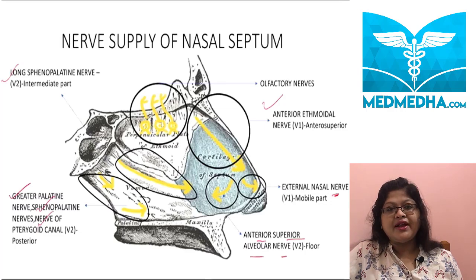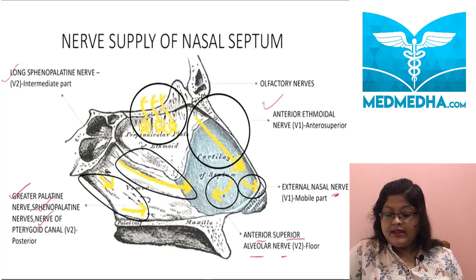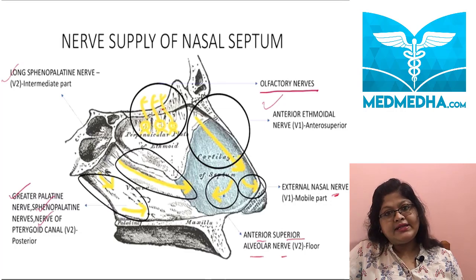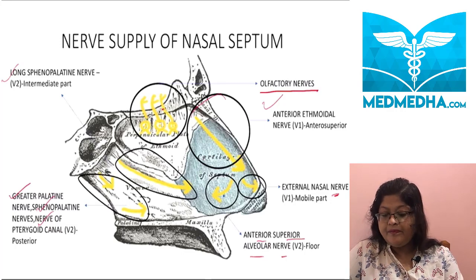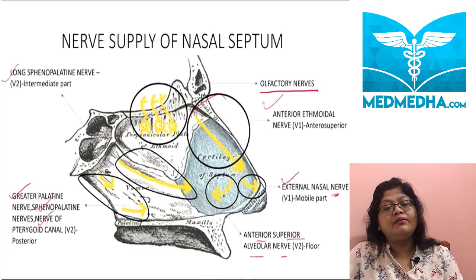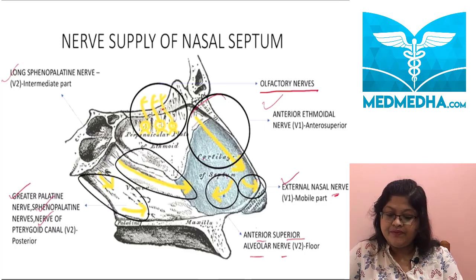So, olfactory nerve is carrying the special sensation. The anterosuperior part by the anterior ethmoidal nerve, branch of ophthalmic. The mobile part by the external nasal nerve, branch of ophthalmic. Floor by the anterosuperior alveolar nerve by the maxillary division.